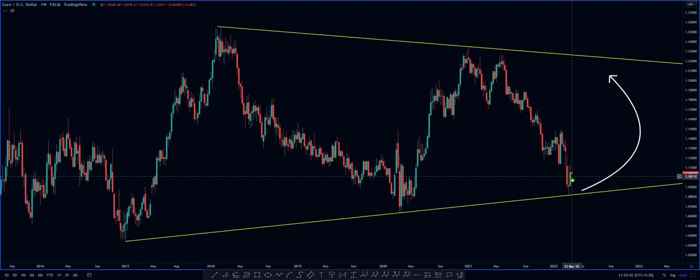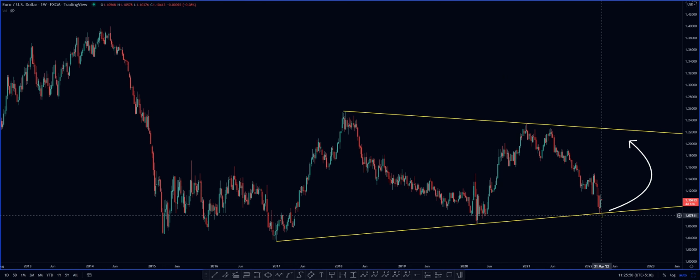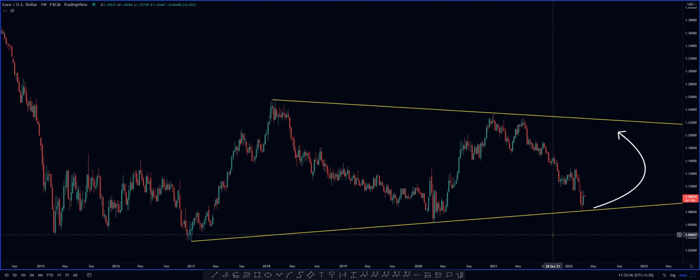And the last weekly candle you can see closed above this trend line. This was the third attempt and the ultimate target is this upper trend line. So we don't know whether this trend line breaks or not, but on the H1 time frame you get multiple opportunities.